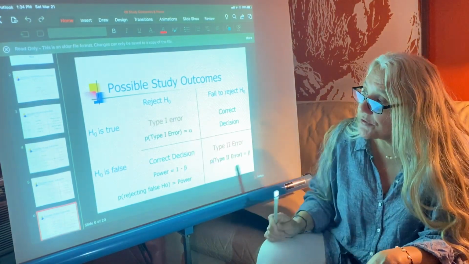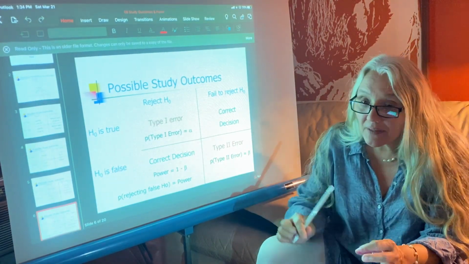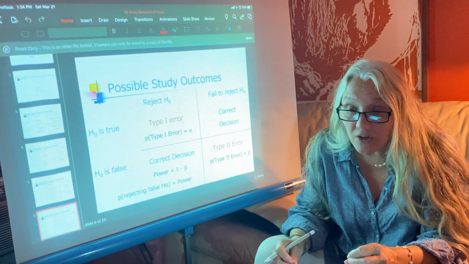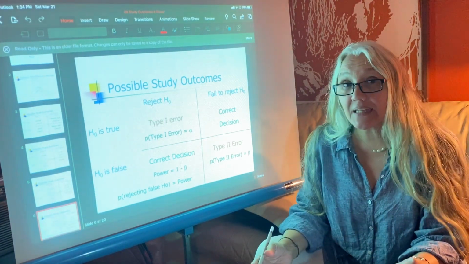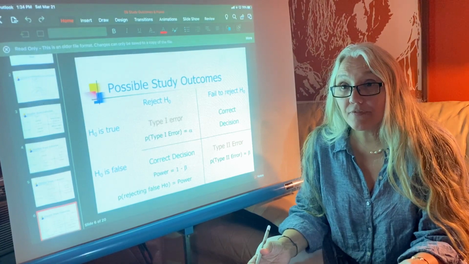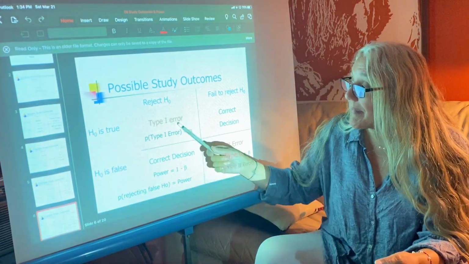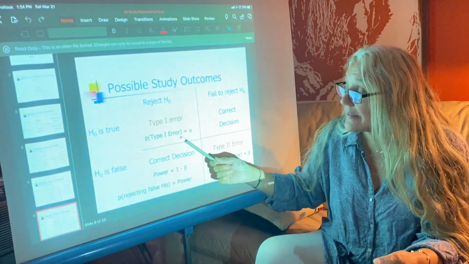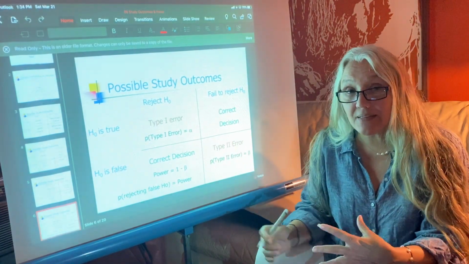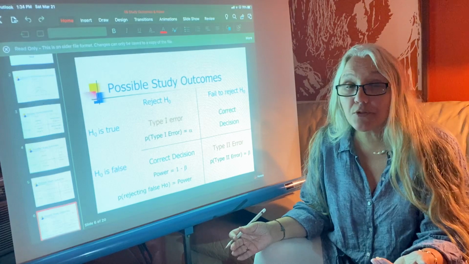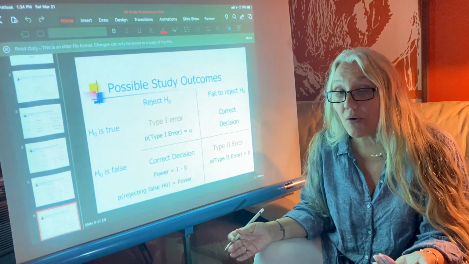So rejecting a true null, so the null hypothesis is true. There really are no differences between population means, but we reject the null, falsely so. When we make that kind of an error, the probability of us doing that is called alpha. So alpha is the size of the critical region, and is also the probability of rejecting a true null.